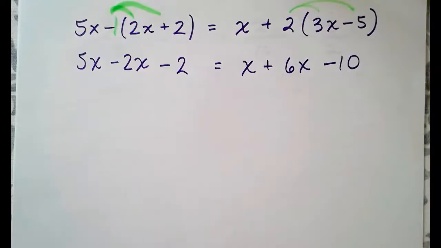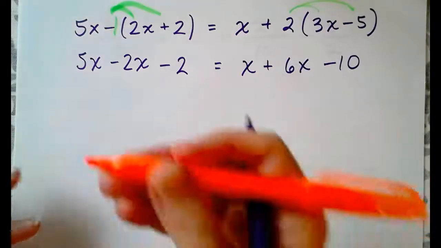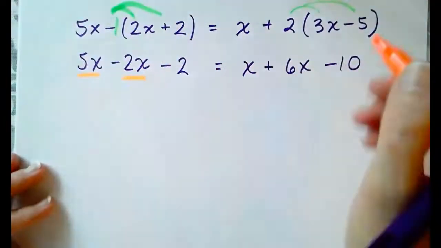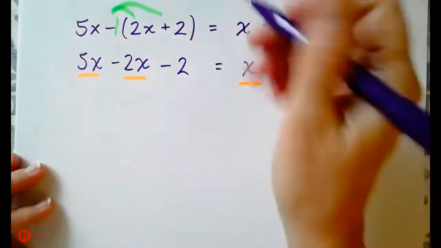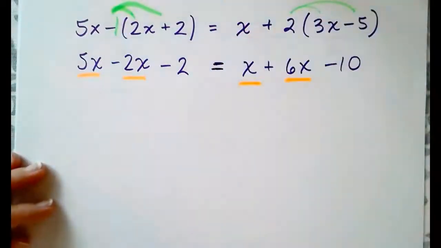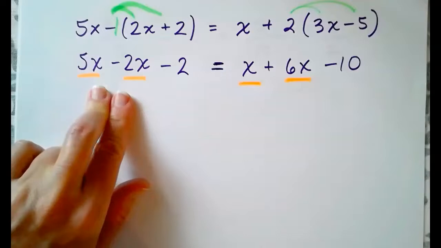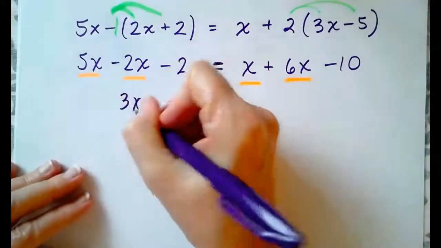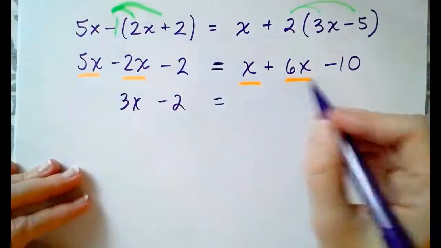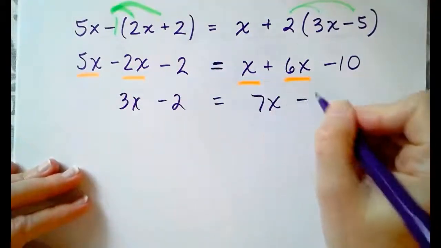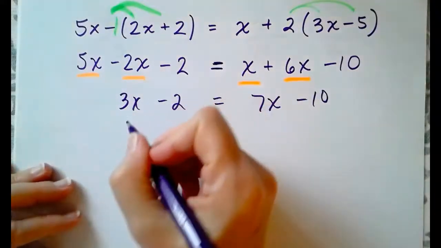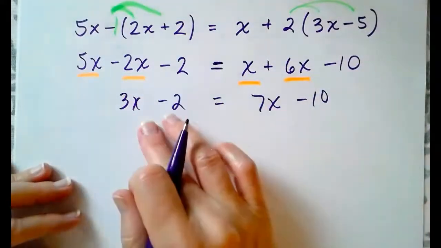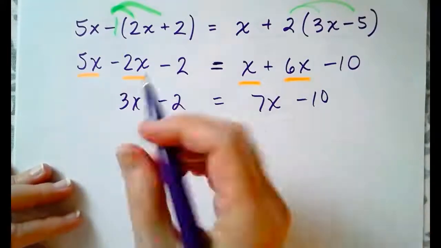Next, of course, after we utilize the distributive property, we need to combine like terms, which is what I will do next. And I am lining up my equal signs and working down the page. 5x minus 2x is 3x. 1x plus 6x is 7x. Next, we need to solve for x. So let's get all the x's on the left. Let's get the integers on the right.